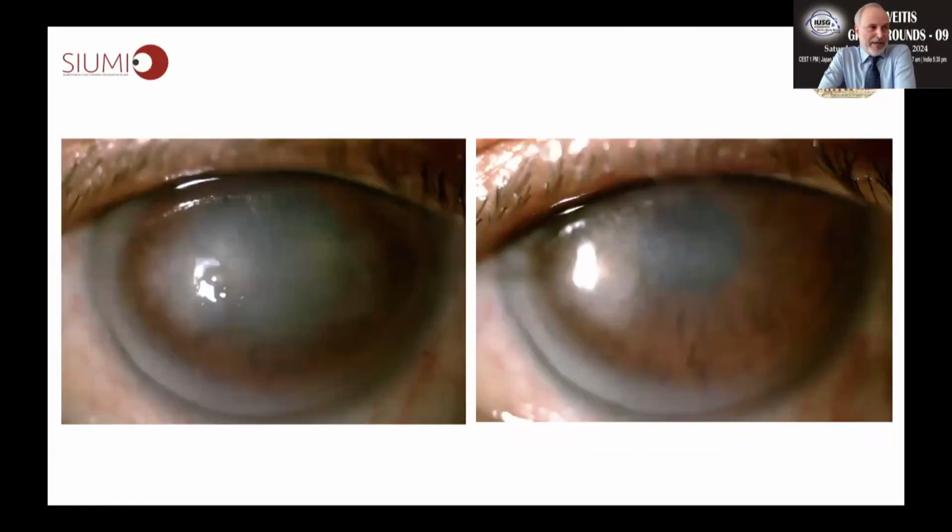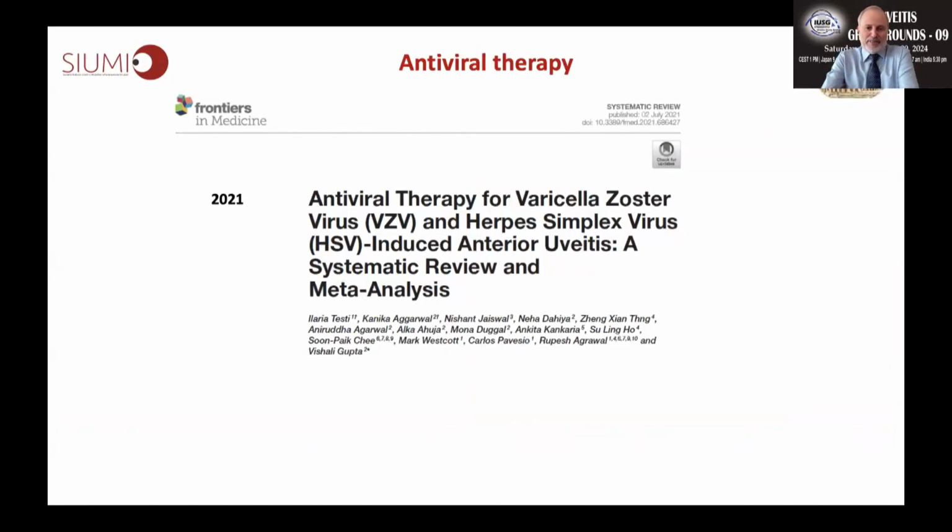As you can appreciate in these slides, you have a reduction in the corneal precipitates, and in the photos on the right side of the slides there is an almost complete resolution of the chronic inflammation, because this patient has no anterior chamber flare or cells. And this is how a stromal keratitis related to an HSV infection can resolve with the appropriate therapy.